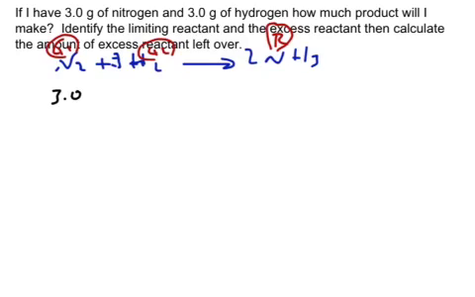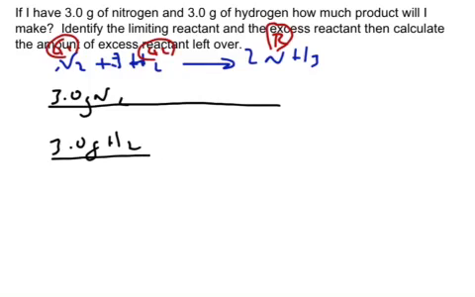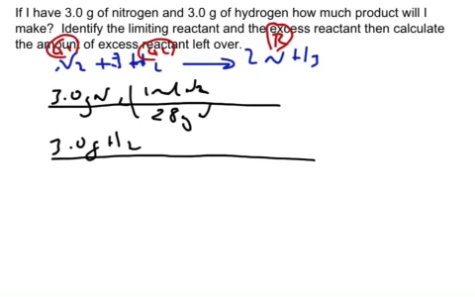So you've got 3.0 grams of nitrogen, you've got 3.0 grams of hydrogen, and we just start working the problem as any stoichiometric problem that we would work. 1 mole of nitrogen weighs, and I know the writing isn't very clear, my stylus is just kind of big, it weighs 28 grams for nitrogen.